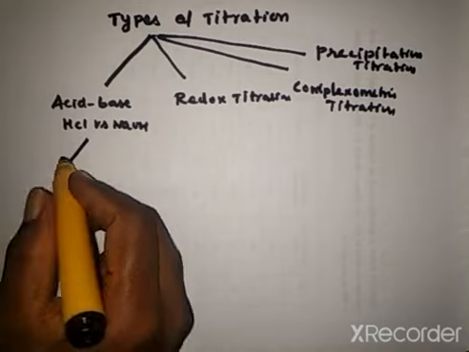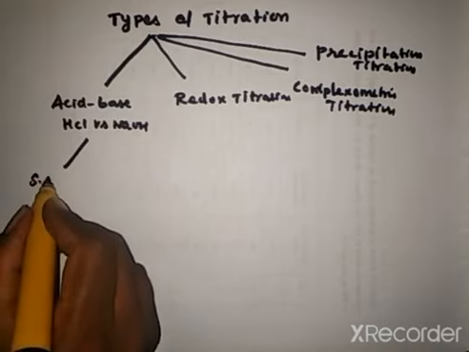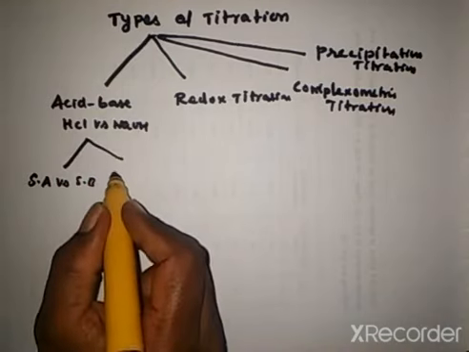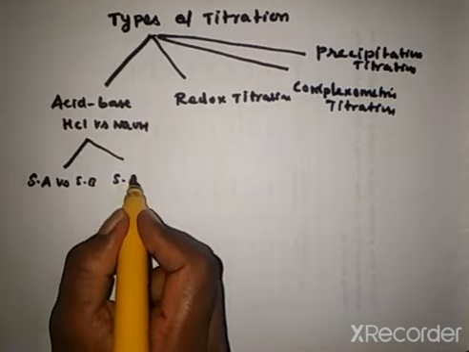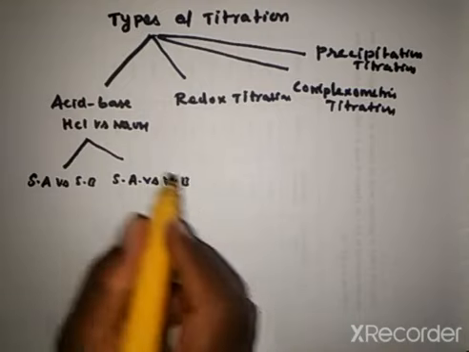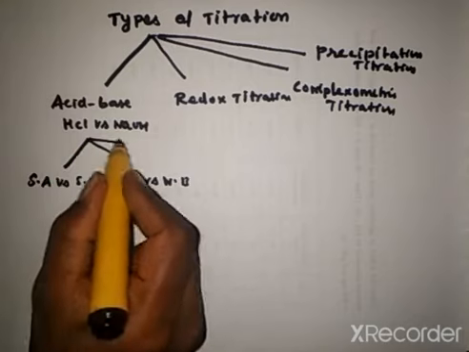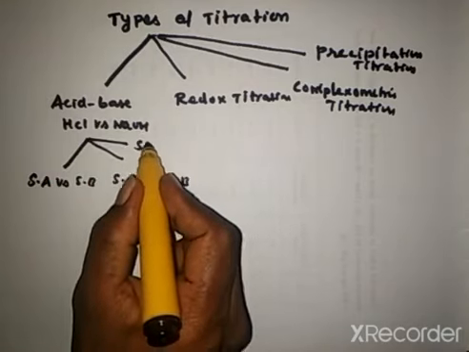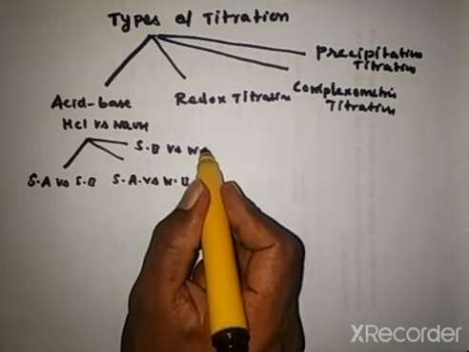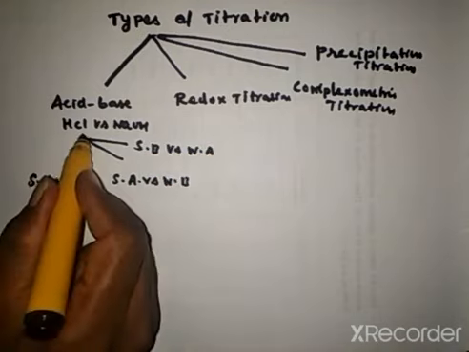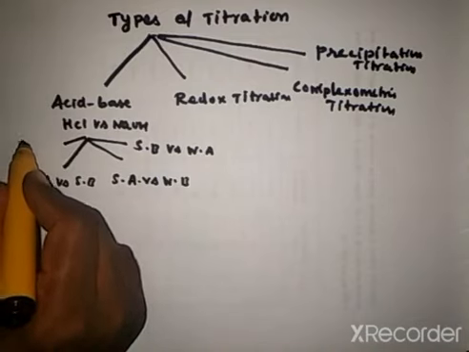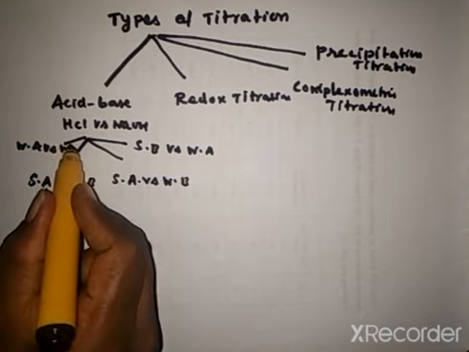They are strong acid versus strong base, then strong acid versus weak base. Next we have strong base versus weak acid, and the fourth one is weak acid versus weak base.